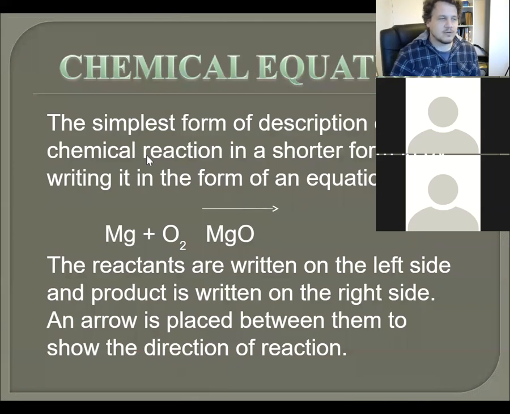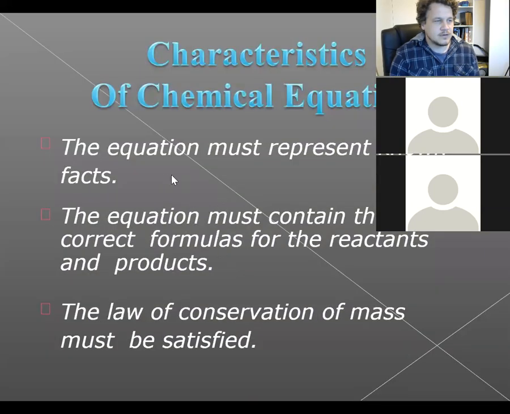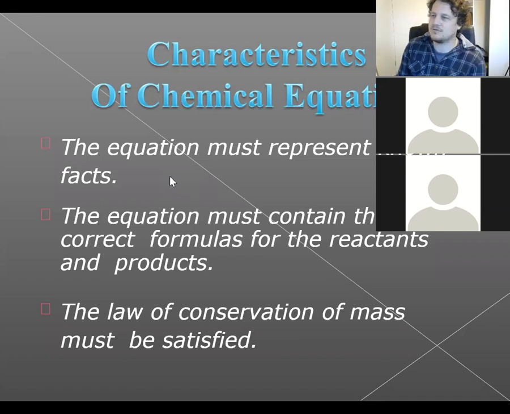We add magnesium. So the way that this will be written is magnesium and oxygen react to produce magnesium oxide. The reactants are on the left, the product is on the right. It must represent known facts.